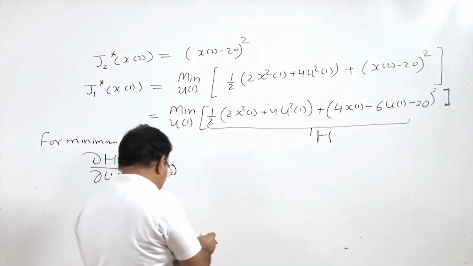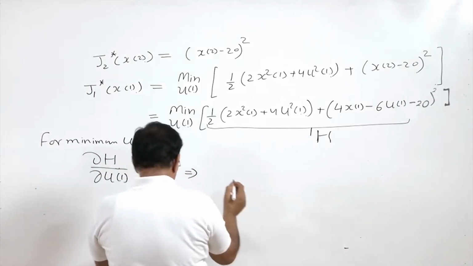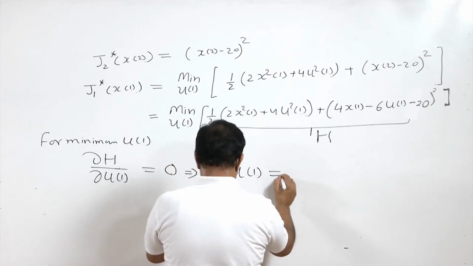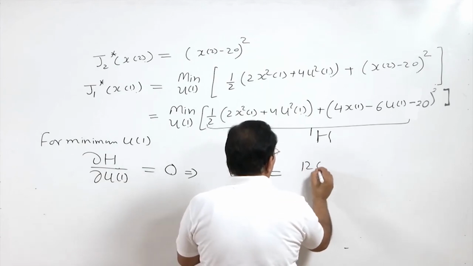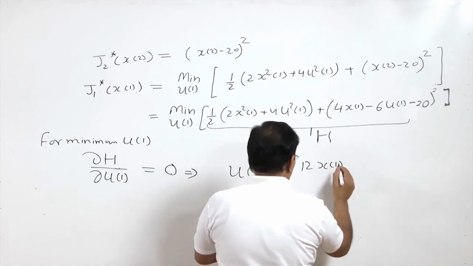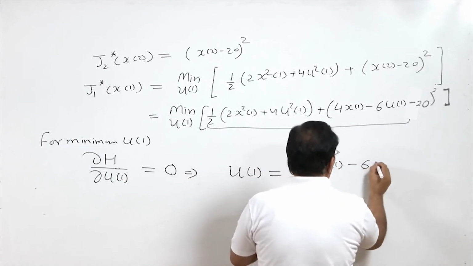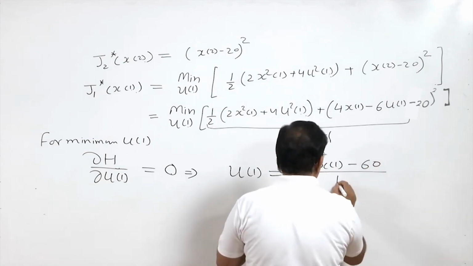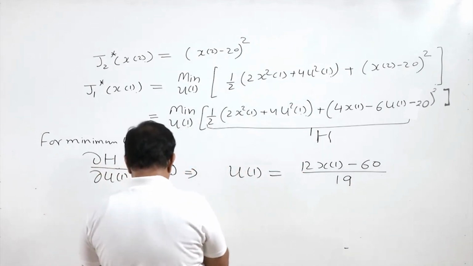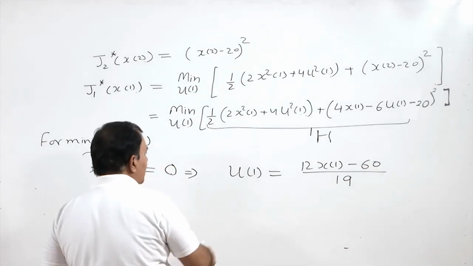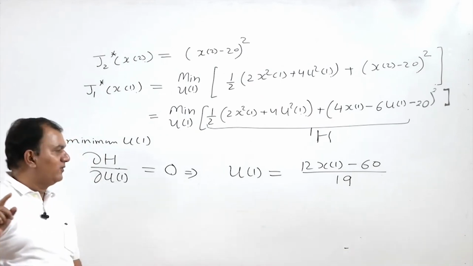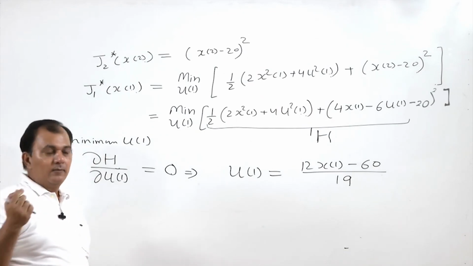If you differentiate this, I am directly giving the result, you can try yourself: u1 is 12 of x1 minus 60 by 19. This means we are representing u1 in terms of x1. Until this state we do not know what u1 and x1 are. This we have to find out.